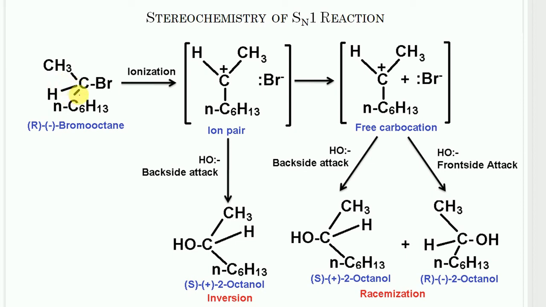A carbocation is a planar chemical species in which the positively charged carbon is sp2 hybridized. The three substituents attached to it lie in the same plane with an angle of 120 degrees, with an empty p orbital.